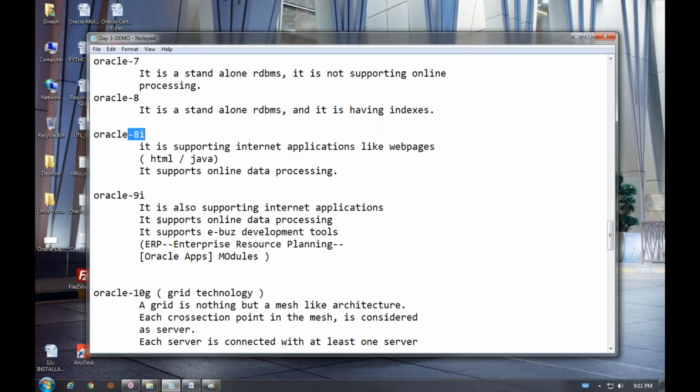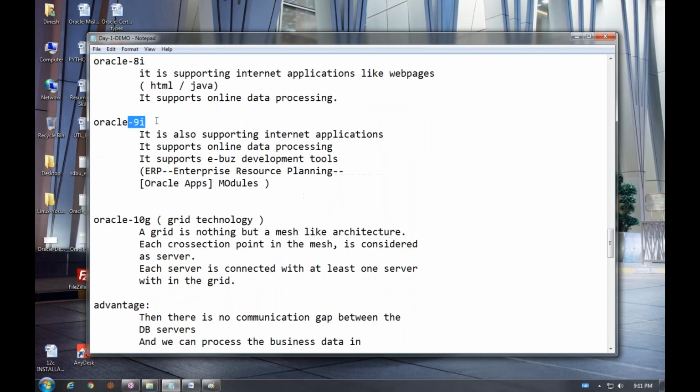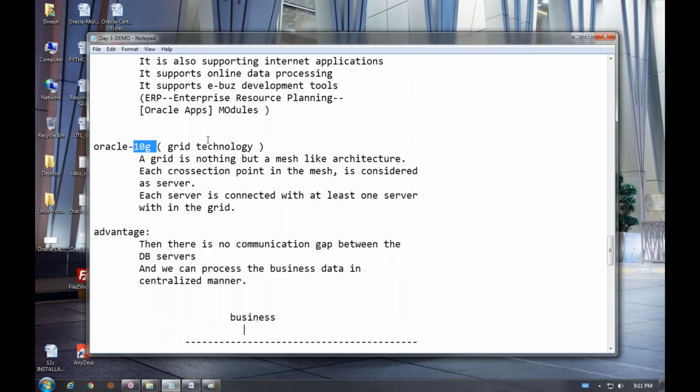After 8i, they released 9i. And after that, 10G. G for grid technology. What is grid? See, grid is a server. If your business has branches, every branch has a database server.